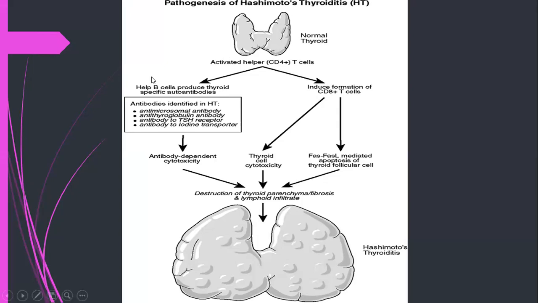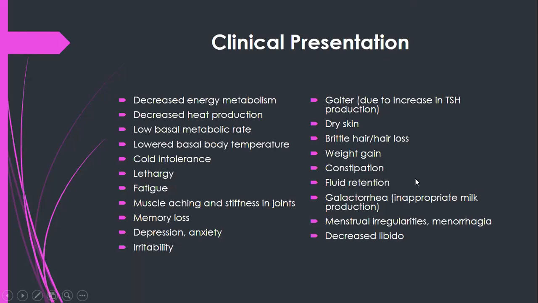And so when autoantibodies, common autoantibodies that I have mentioned, antimicrosomal, antithyroglobulin, antibody to a TSH receptor, antibody to iodine transporter, and some autoantibodies against thyroid peroxidase, this causes now an antibody-dependent cytotoxicity and destruction of your thyroid parenchyma and lymphoid infiltrate, thus producing a hypocellular thyroid gland, leading to Hashimoto's thyroiditis.